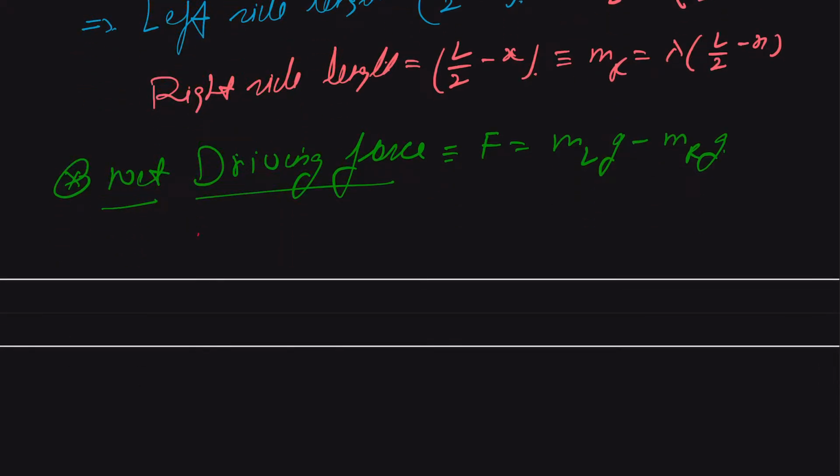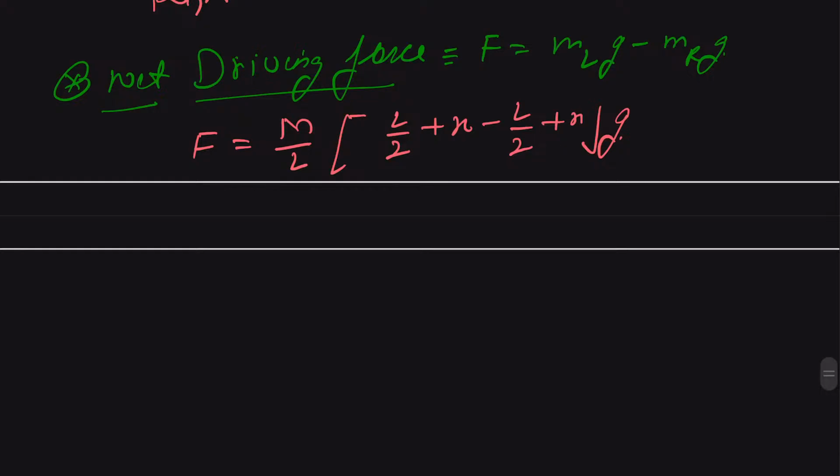We substitute lambda as m upon L, which we can take in common, so we get F equal to m by L times (L by 2 plus x minus L by 2 minus x) times g. Here the L by 2 cancels out, therefore we get 2mx by L times g. So this is our net driving force.